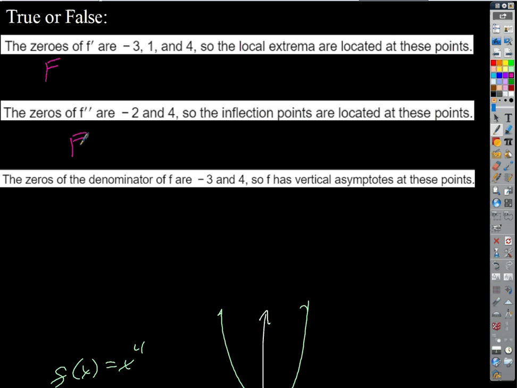Right, so what if we had something like this? What if we had f of x equals x squared over x? x is a 0 of the denominator, right? But it's also a 0 of the numerator. Now, if I take the limit, remember this goes back to our limit stuff, of f of x as x approaches 0, well, what do we get? I could just reduce that function and write it as a simpler function.